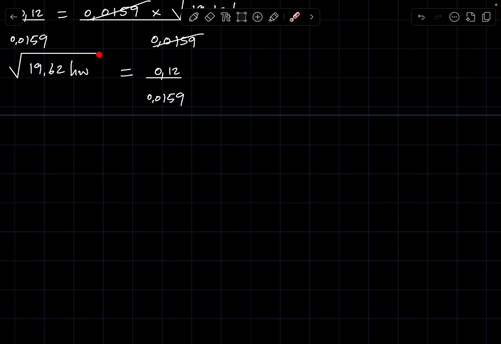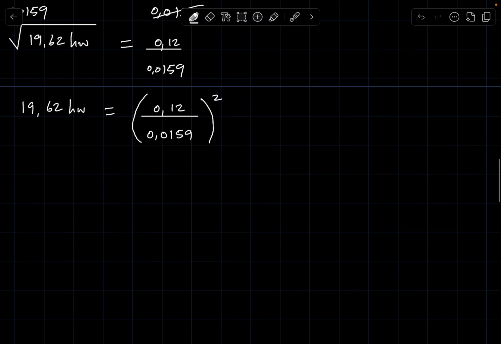So the square cancels the square root, which means you'll be left with 19.62 HW is equal to, not the square root, sorry, the square of 0.12 divided by 0.0159, squared. All right, I trust this is what everyone has.